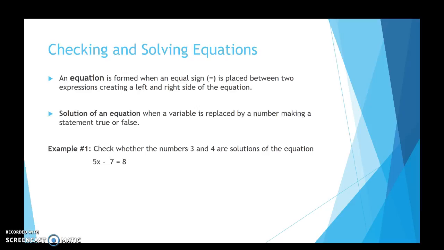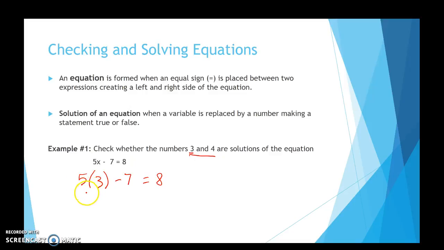So with example number 1, they want us to check whether the numbers 3 and 4 are solutions of the equation. So here we have 5x minus 7 equals 8. So we're first going to substitute 3 in for x. So what we have here is 5 times 3 minus 7. And we have to see if the left side equals the right side, if it equals 8.